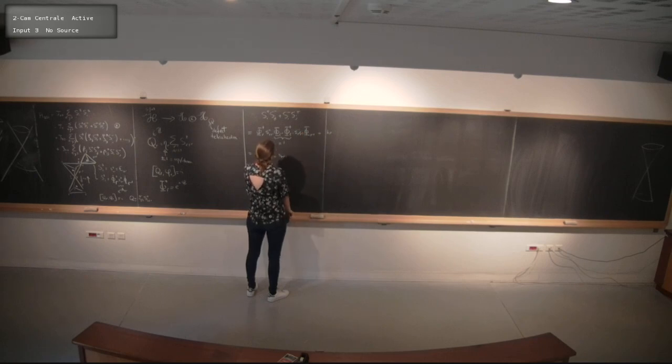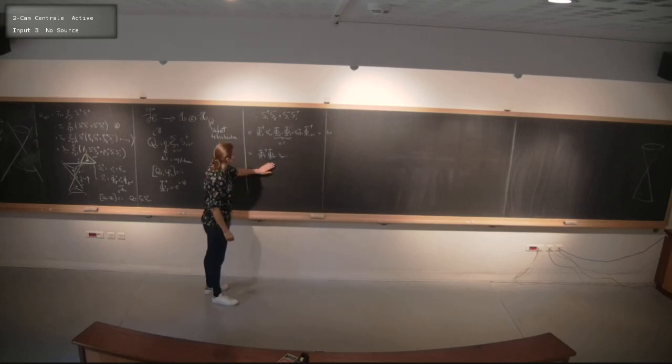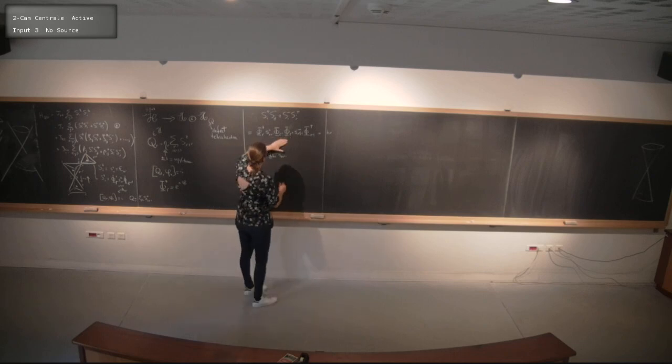And then, yeah, so it's this way. But it doesn't matter because they're bosons, but if you want to write it properly, it's actually this. Okay. And so now it's just this guy times this guy equals 1.